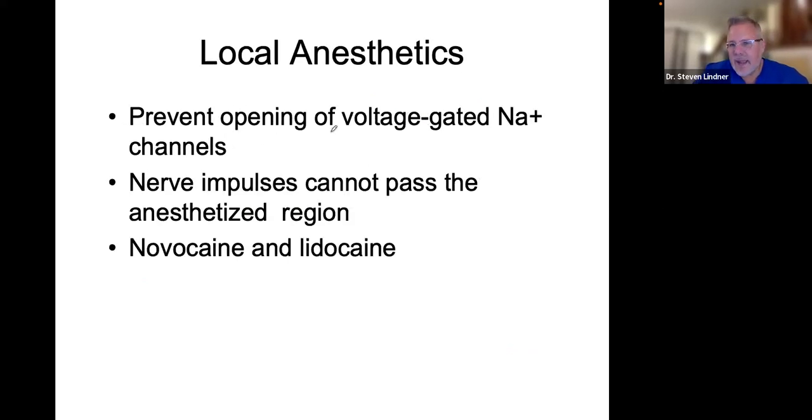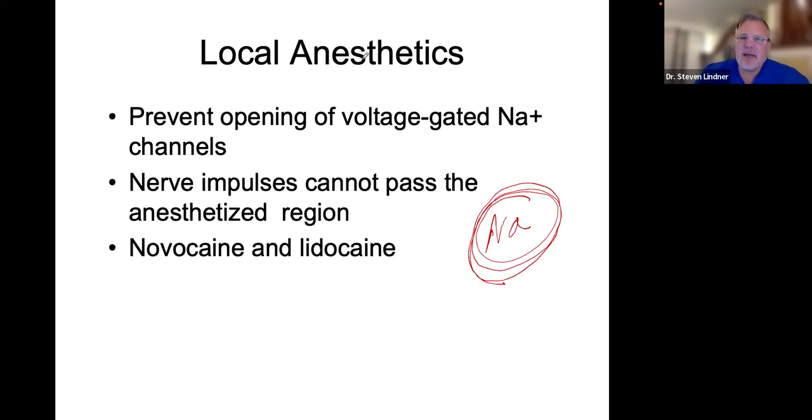Now, there are certain things that could be done to block nerve impulses. And in order to block them, we want to try and influence the sodium channels. What we can do is prevent the opening of the voltage-gated sodium channels. There are certain things that can be done to ensure that the nerve impulses don't get transmitted by blocking the sodium channels.